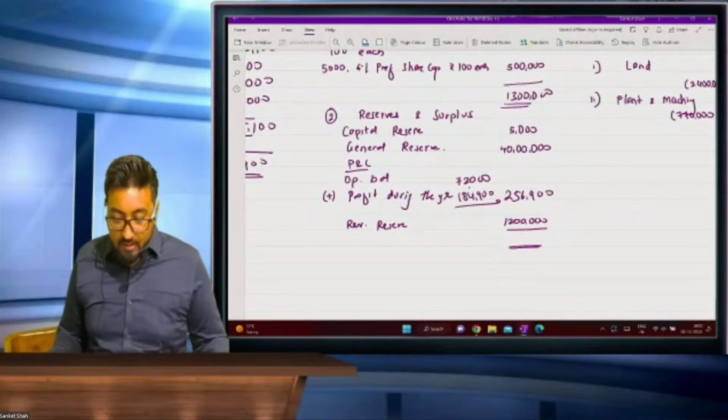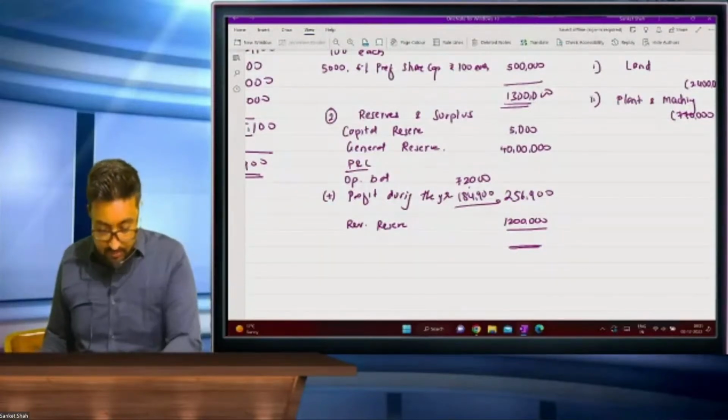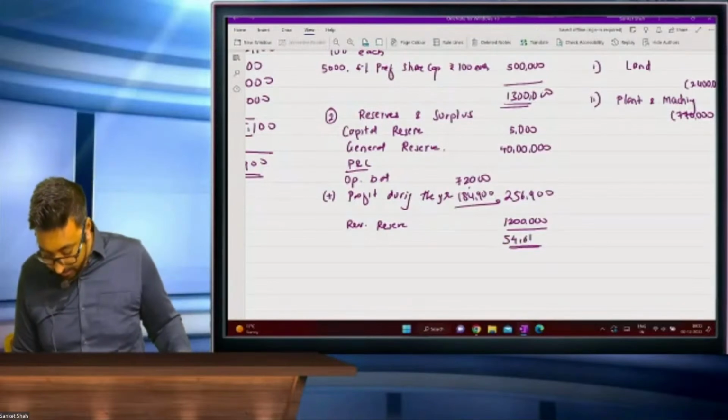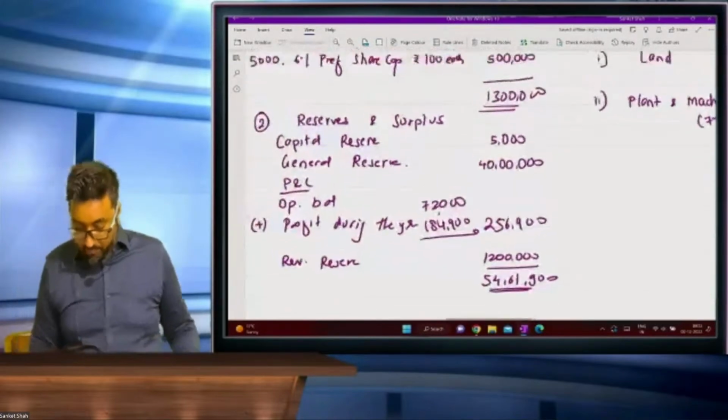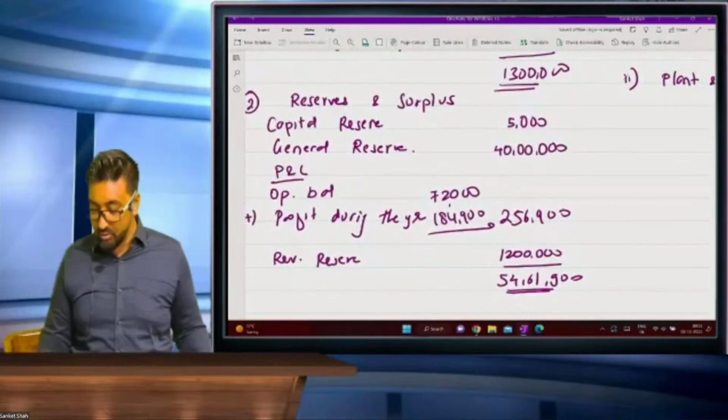So your answer will be 54 lakh reserves and surplus, 54 lakh 61,900. 54 lakh 61,900. Reserves and surplus.